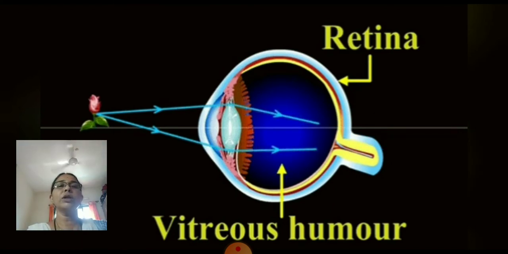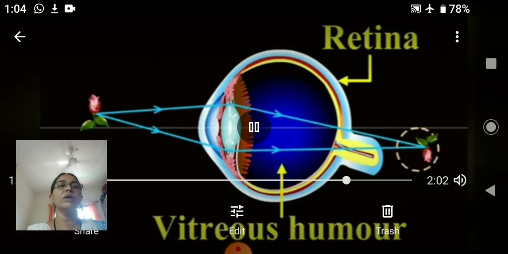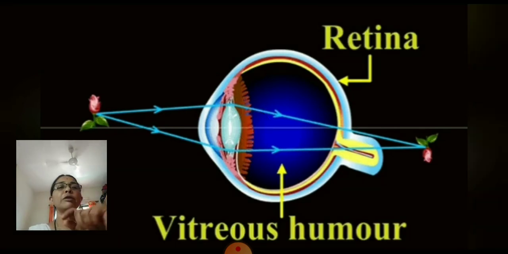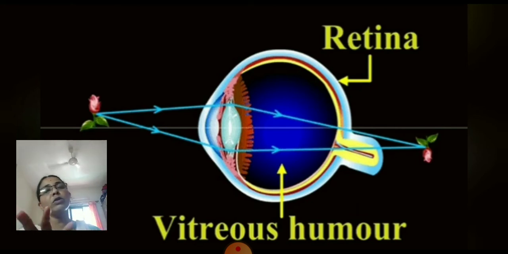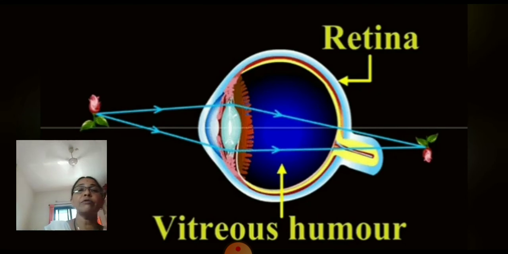So here is the next defect, that is presbyopia. Now in presbyopia, many things happen because of old age. It is after the age of 40 years. The ciliary muscles of the eye lens become weak.